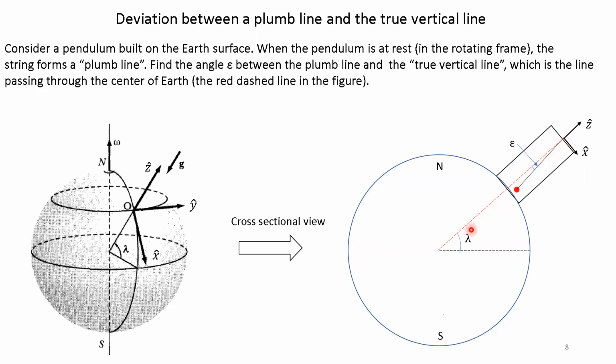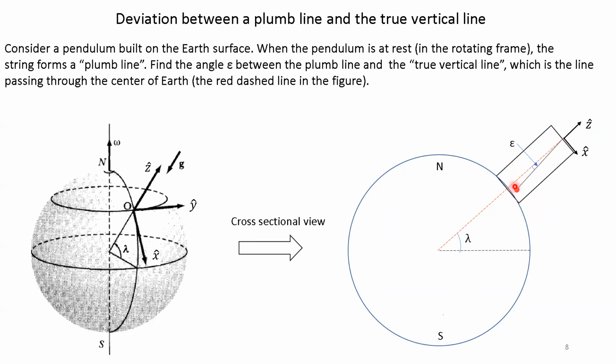In fact, if you set up a pendulum like this, the string actually won't be exactly lined up with the true vertical line. There would be a small angle, and that is due to the centrifugal force.